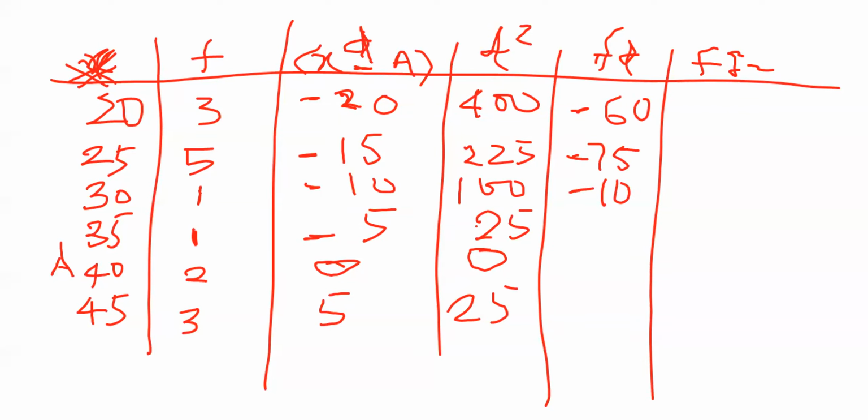Then 1 times minus 5 will give us minus 5. 2 times 0 will give us 0. 3 times 5 will give us 15.